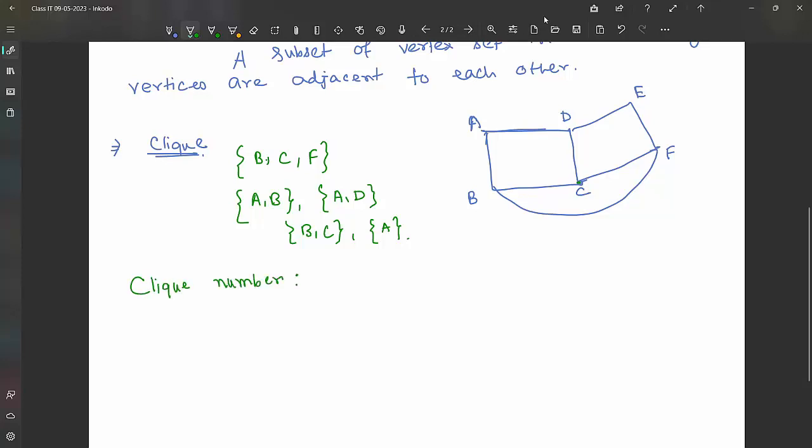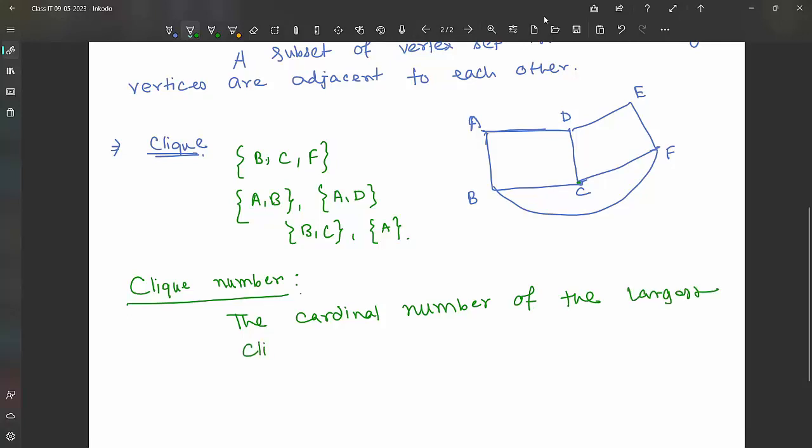So clique number means the cardinal number of the largest clique of the graph G. That means if this is your graph, this is the graph G2, as you already mentioned here.